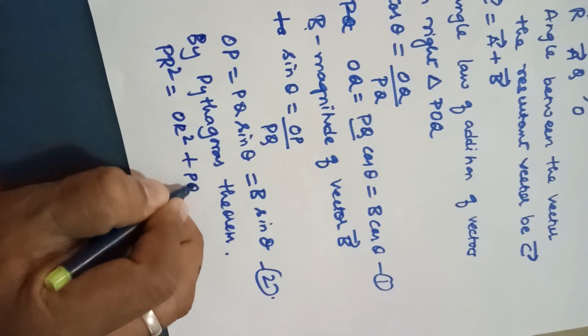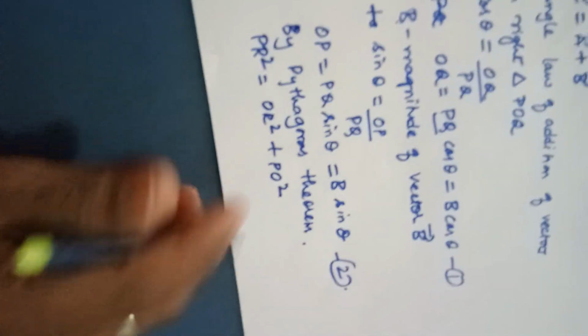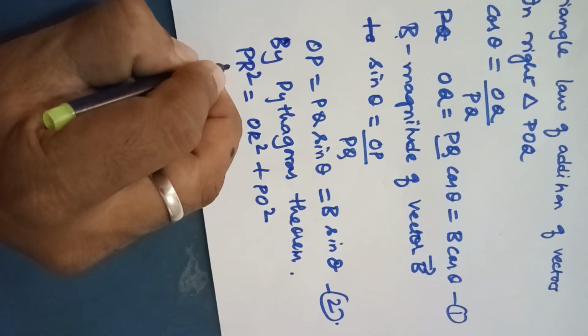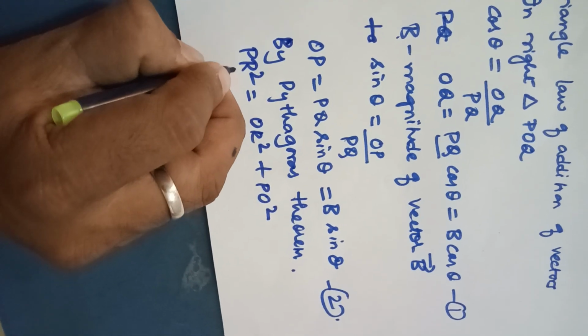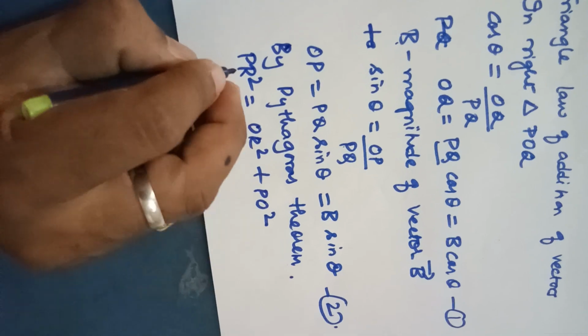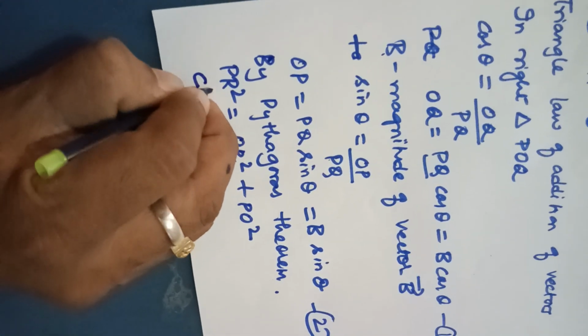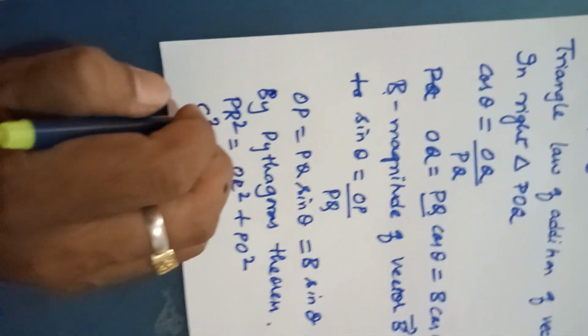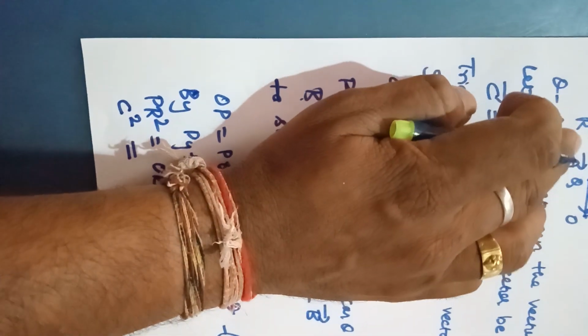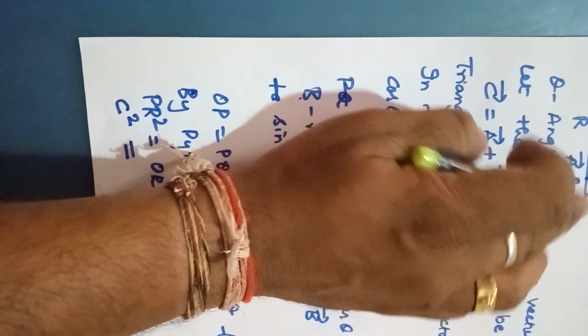Now PR, as I told, represents the magnitude of vector C. So I'll write it as C square, where capital C represents the magnitude of vector C. OR, if you observe carefully, can be written as RQ plus QO.